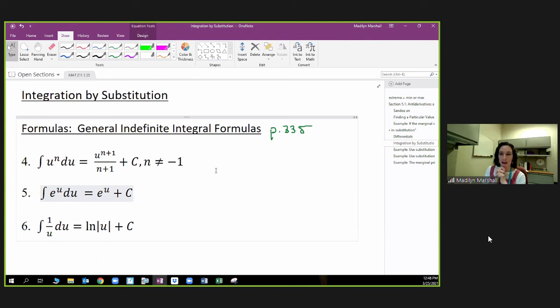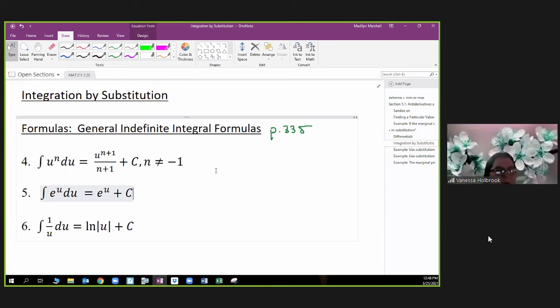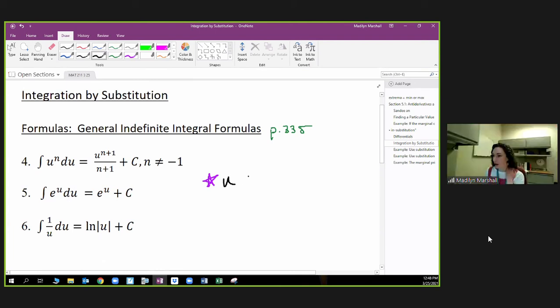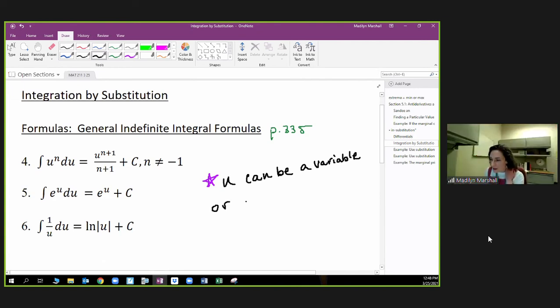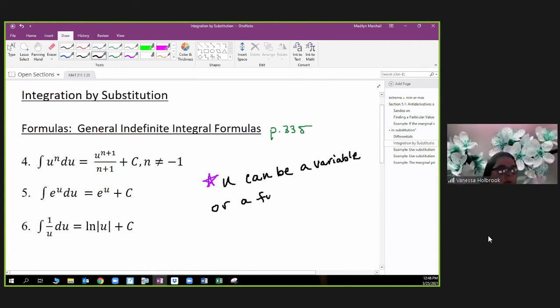The only difference is that now instead of having an x as our variable, we have a u. So u can be a variable, or a function.